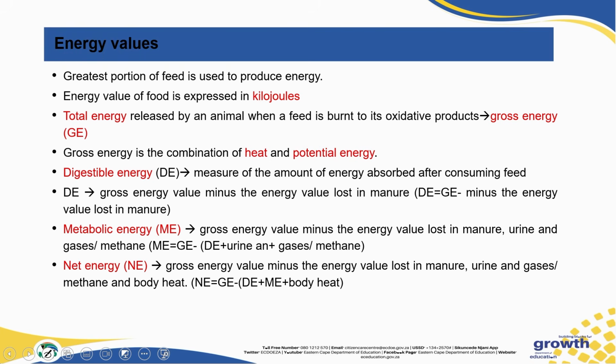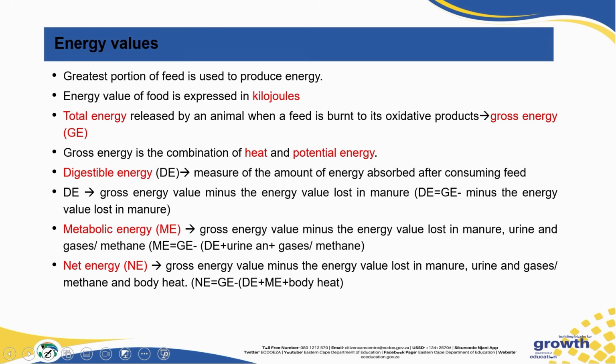Then the energy values of a feed. What is an energy value? Energy. The greatest portion of feed is used to produce energy. We know that as human beings, when we eat food, we get energy.